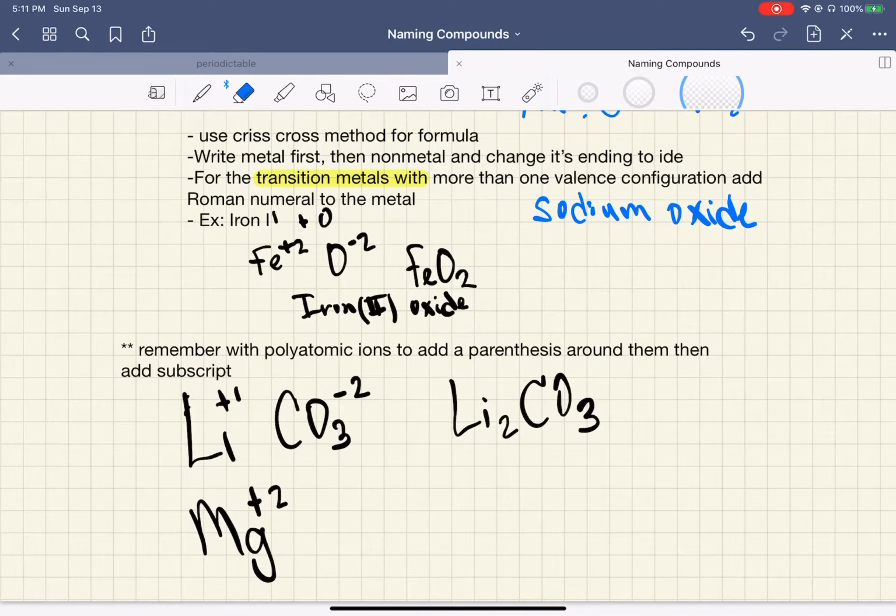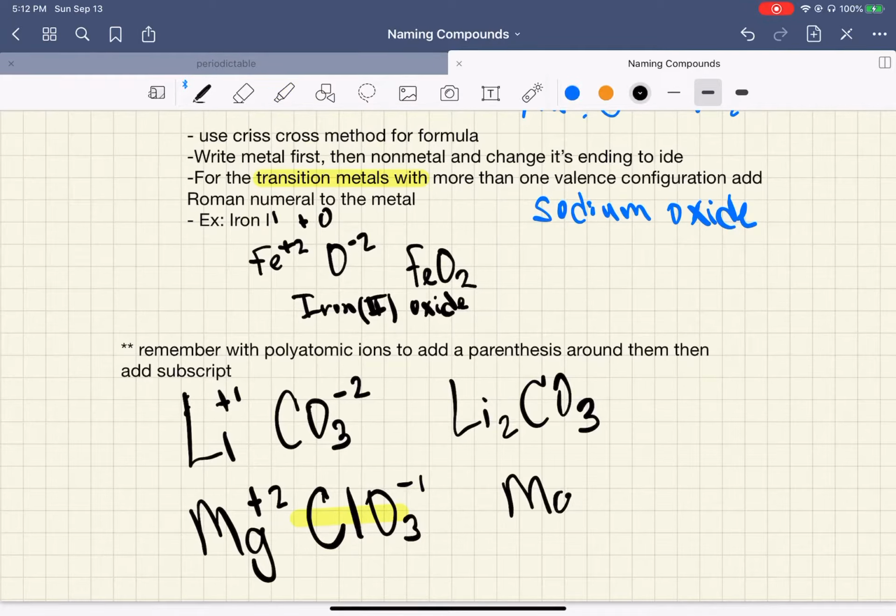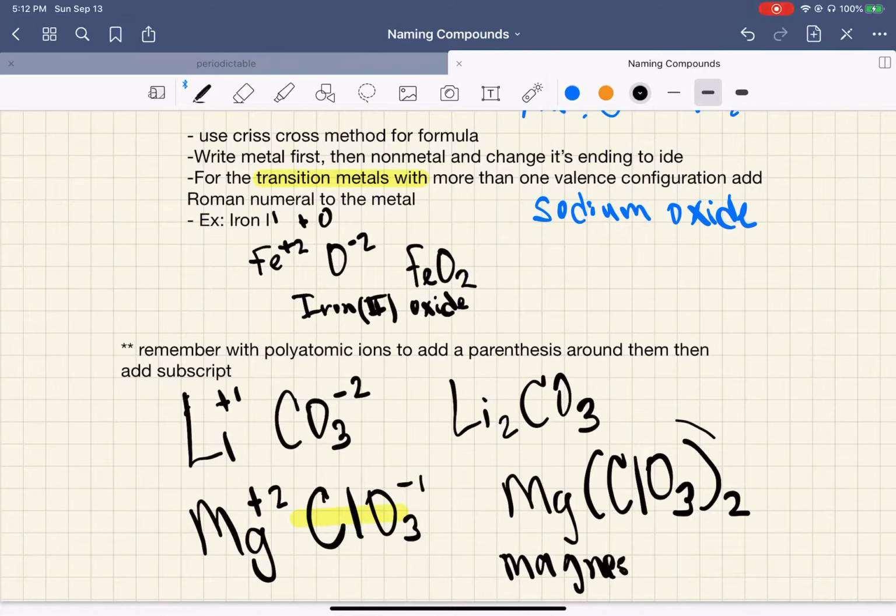So what we're going to do is we're going to write this as Mg(ClO3)2. That way we know that there are 2 of this ion. And this would just be magnesium chlorate. And you just write the name of that ion.